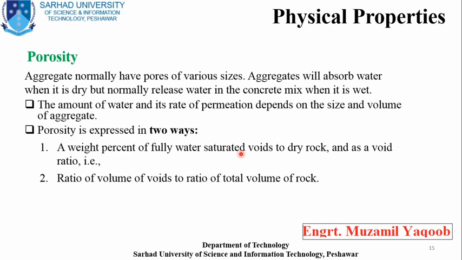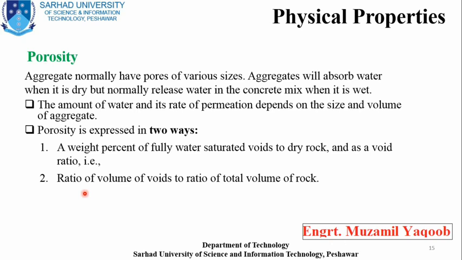Before putting it into the water, calculate its weight, known as dry weight, and then put the aggregates in water, and after some time calculate its weight again. The porosity is found by subtracting the dry aggregate weight from the wet aggregate weight. By this process you can know about the porosity.